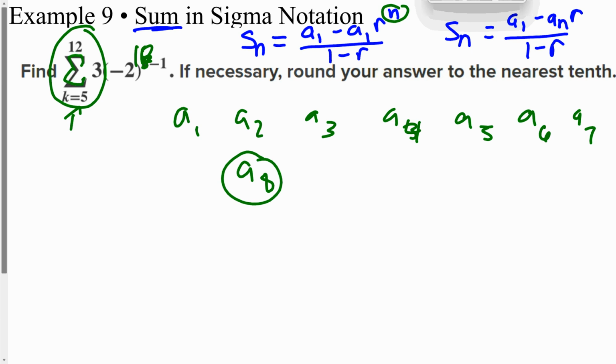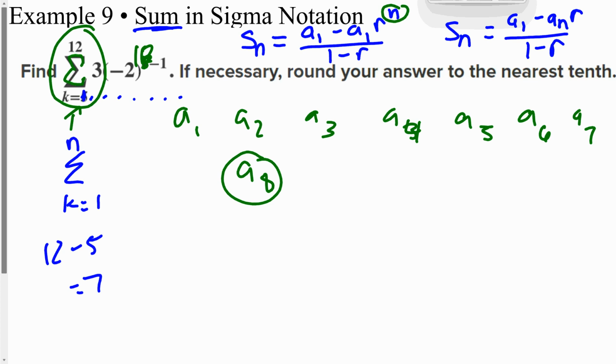You can always figure that out, because normally how this sum works is you start at 1 and go to n, so n would be the top number. But here, since we start at 5, I have to know how far 5 to 12 is. If I subtract those, I get 7. So I need to add one more because I have to count 5, 6, 7, 8, 9, 10, 11, 12, which is 8 things total.